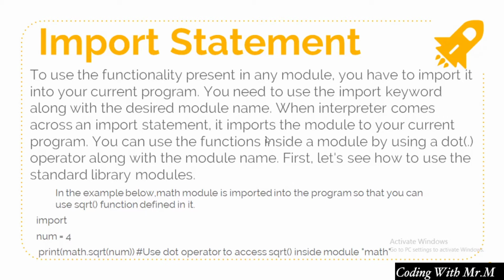First, let's see how to use the standard library modules. In the example below, the math module is imported into the program so that you can use the square root function defined in it. So basically we import math.